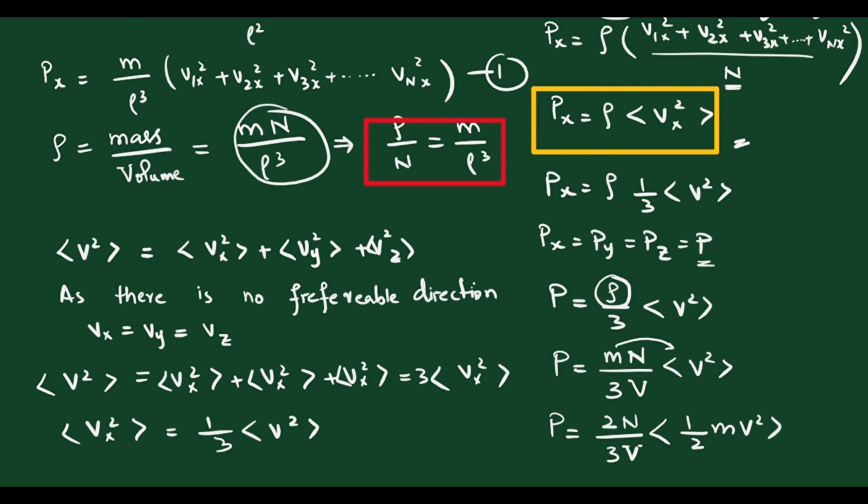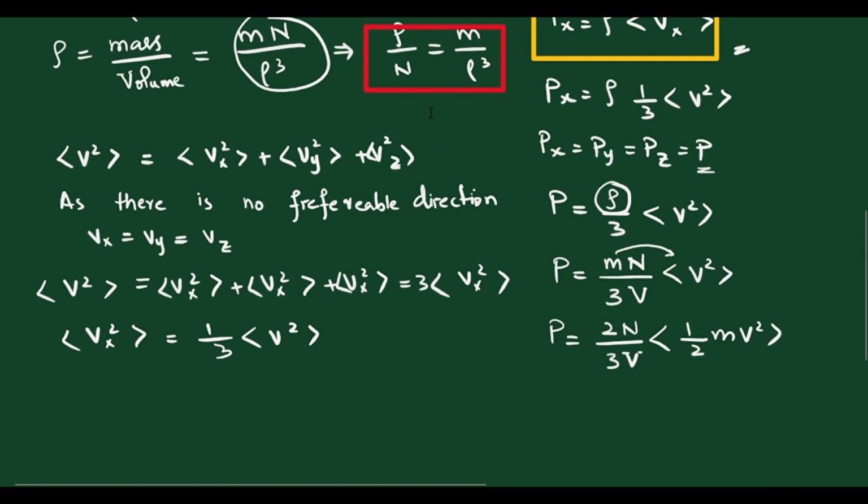This relation becomes the average kinetic energy, and we get the pressure equal to 2N divided by 3V times the average kinetic energy, which is our final result of pressure that we wanted to derive.